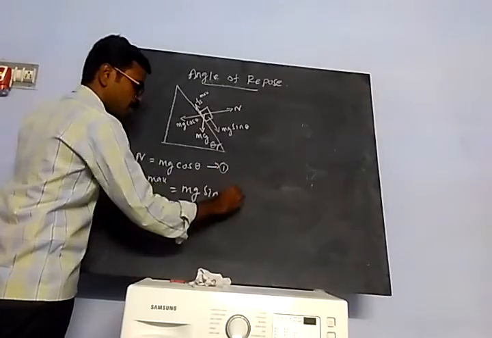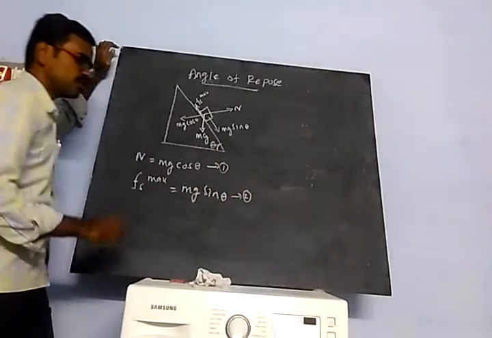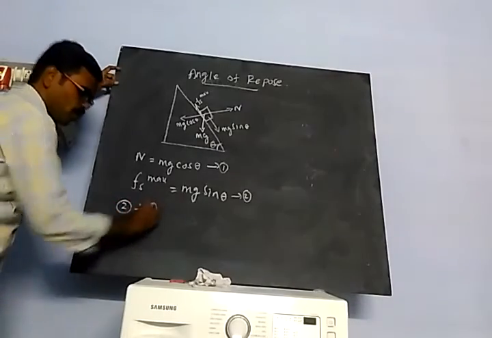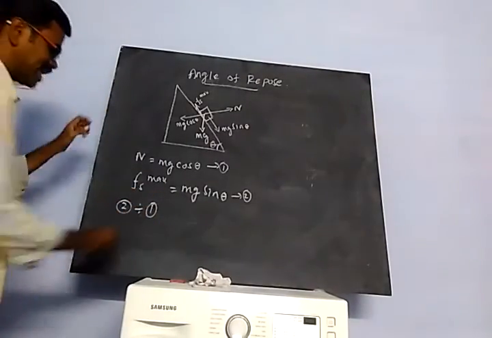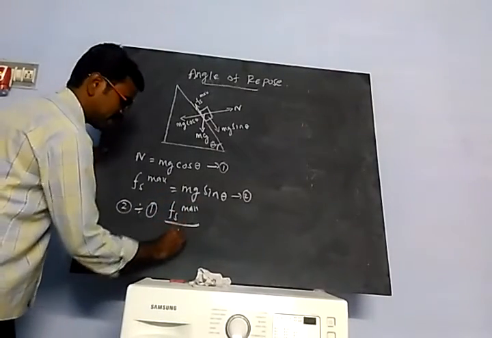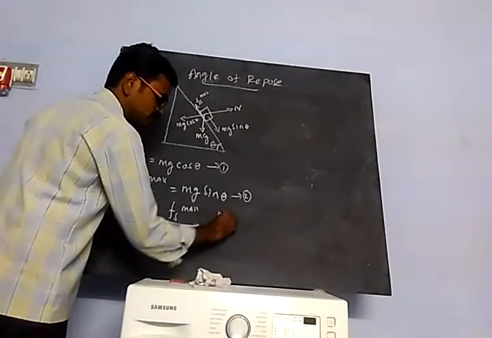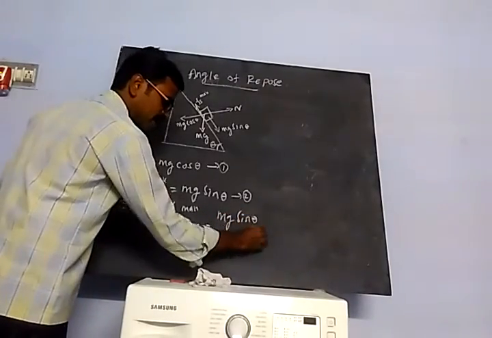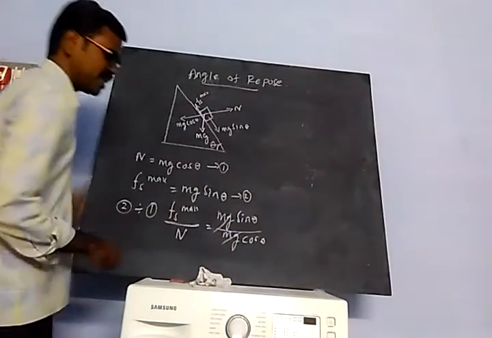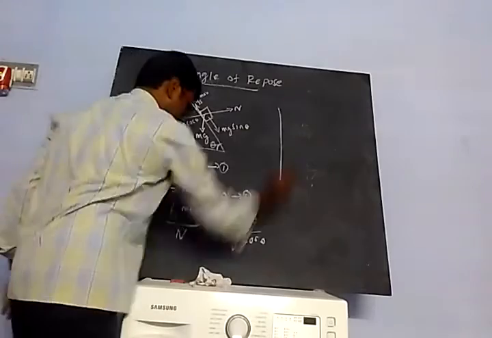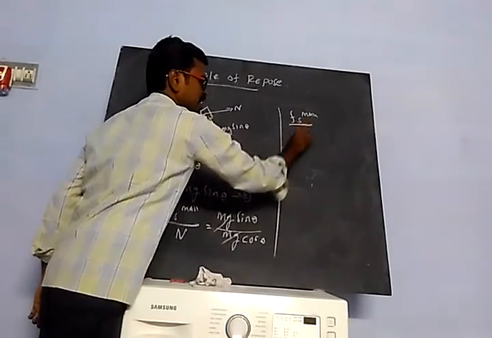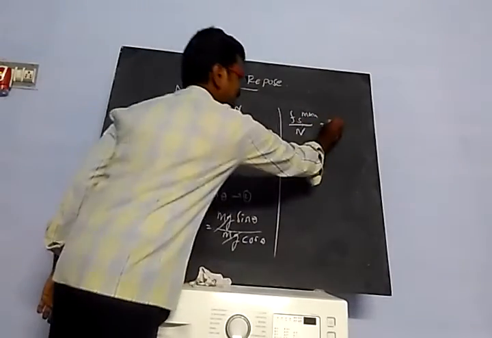This is equation number 1 and this is equation number 2. Now divide 2 by 1. We get Fs maximum divided by N is equal to mg sin theta divided by mg cos theta. The mg cancels, so Fs maximum divided by N is equal to tan theta.